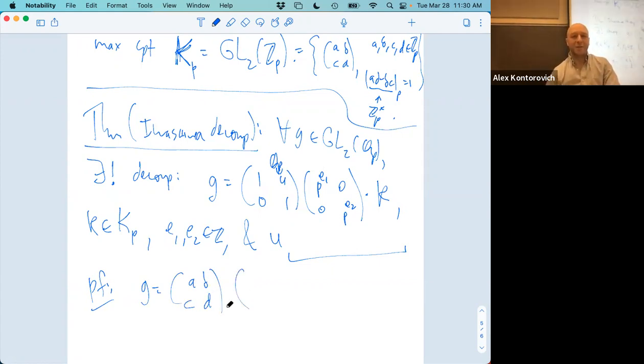We took ABCD and said, if I put a D and a negative C here, then I can fill this out with a D and a C and divide by the square root of C squared plus D squared, and that'll give me something orthogonal, and that will guarantee that I'm upper triangular. Okay, what I want to do is something similar, except I can't put a D and negative C here because D and C might not be in ZP. They're just elements of QP.